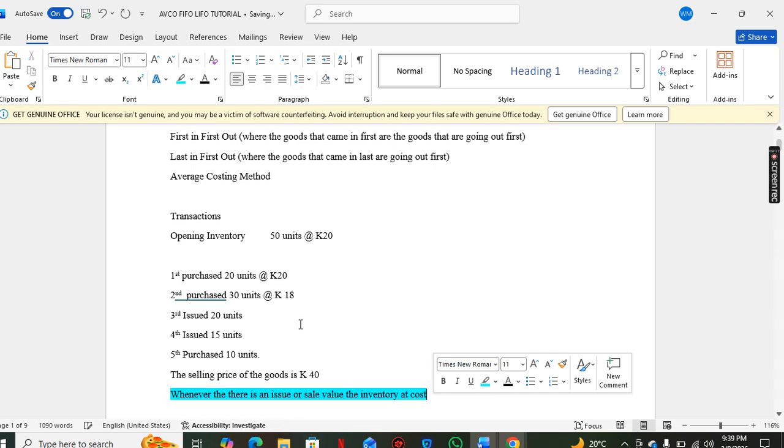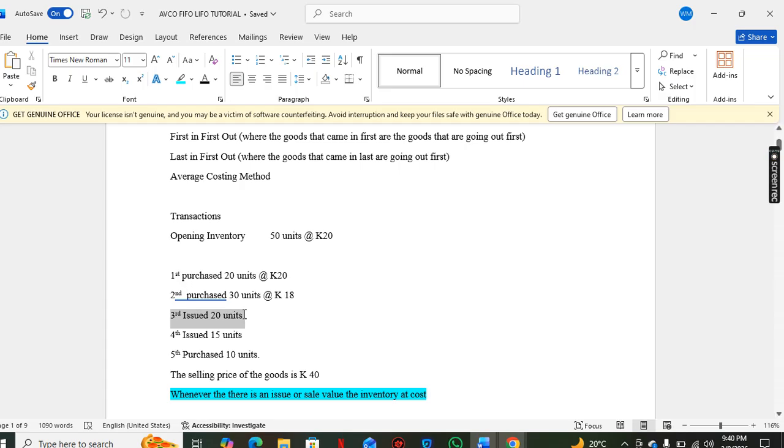So even though they say it here, issued 20 units, and they put a price here, don't value at that price. No, you're valuing the inventory at cost. Remember, all in all, we want to find the cost of the goods that were sold. That's why we're valuing this inventory at cost. We want to find cost of goods sold and also the value of closing inventory.